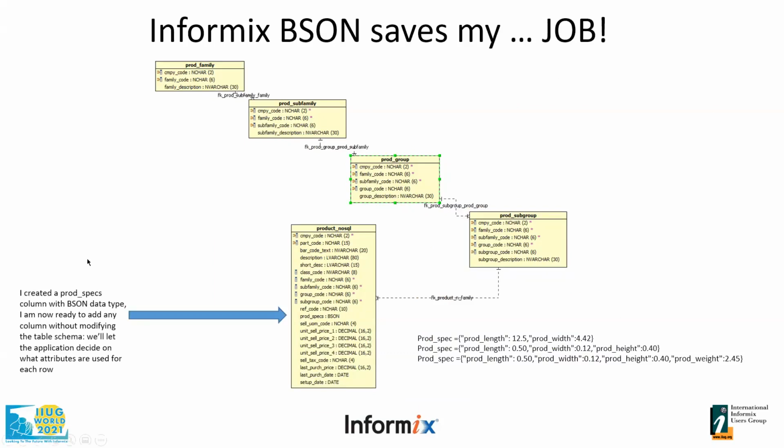What will I do? I will create a new column. Yes, okay, this will be one alter table, but I will do it once. This column will be called prod specs, which pretty much explains what it will be used for, with BSON data type.